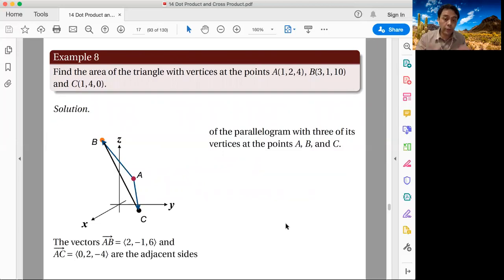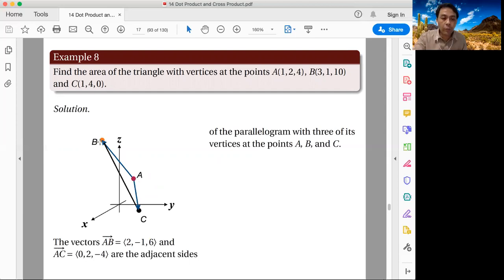Take note, a rectangle is also a parallelogram. We take the area of the parallelogram determined by the two vectors AB and AC. We get the area of that parallelogram, divide that by 2, and that gives us the area of the triangle.